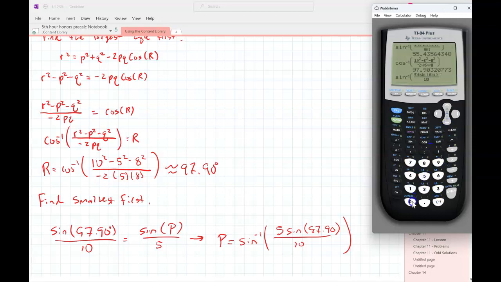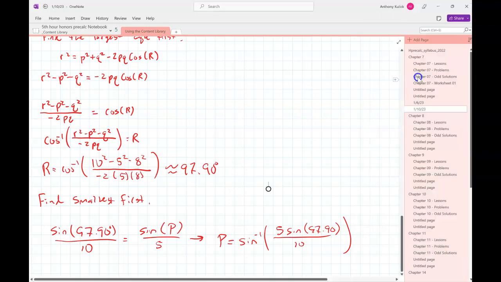And again, notice I'm using the ANS command whenever possible so I can take all my decimal points with me. I'll get a slightly more accurate answer. So that's 29.69.